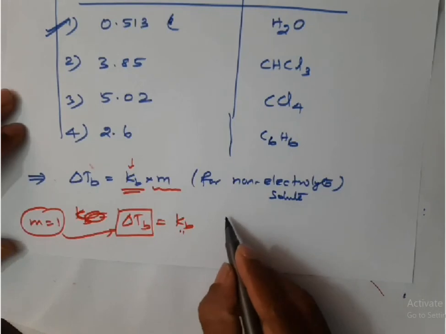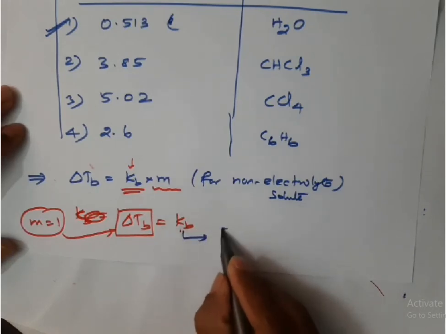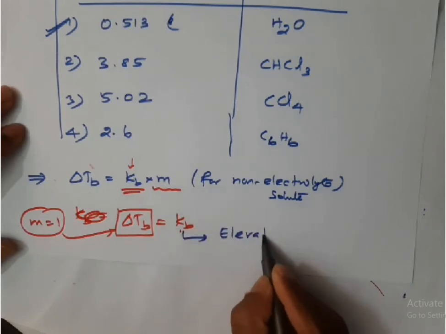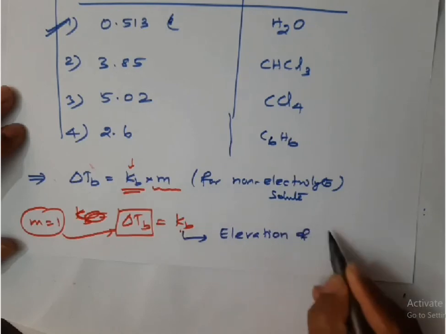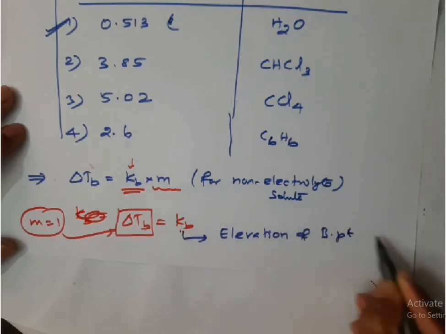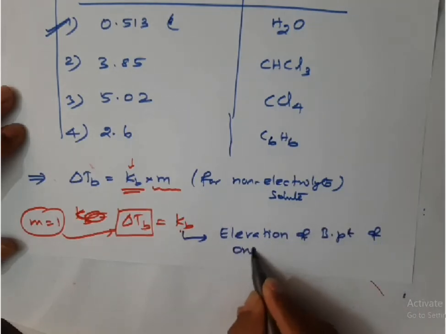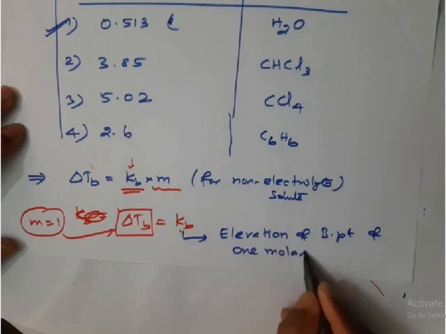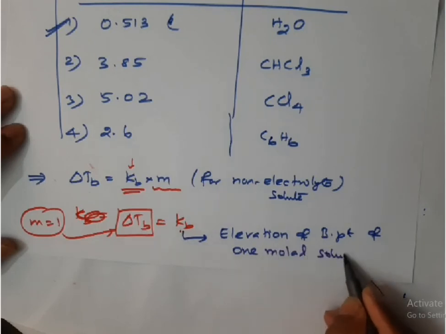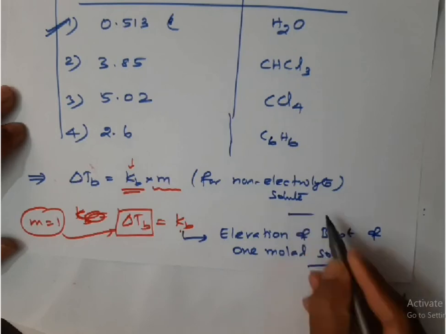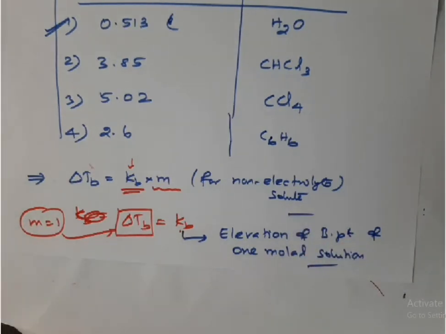Simple. You can write it like this: Kb is the elevation of boiling point of a 1 molal solution, which is called Kb. Students, keep this in mind.